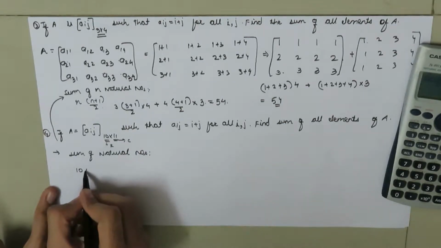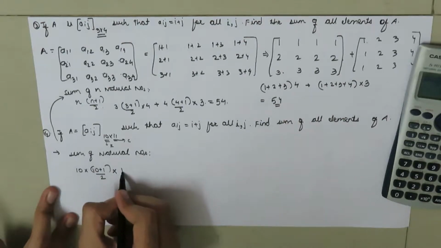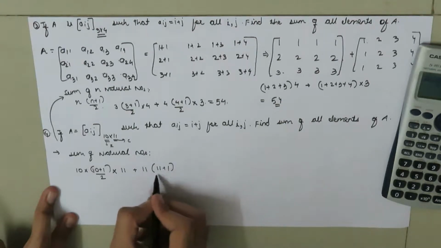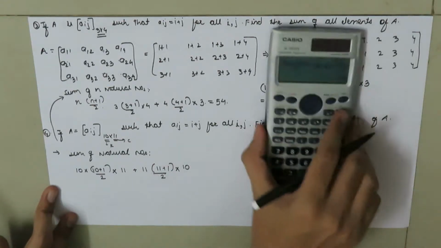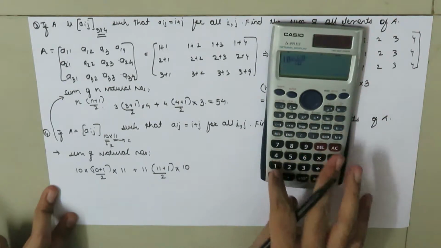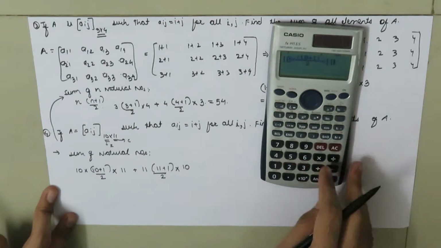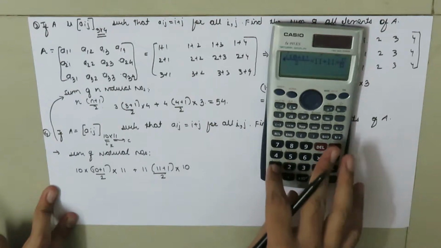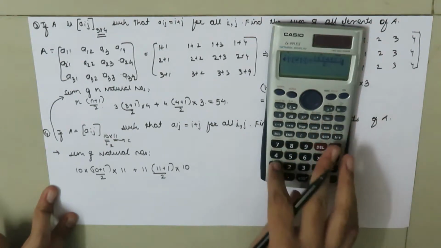So 10 into 10 plus 1 by 2 multiplied by the columns, plus 11 multiplied by 11 plus 1 by 2 multiplied by the rows. So this should be equal to 10 multiplied by 10 plus 1 by 2 multiplied by 11, plus 11 multiplied by 11 plus 1 by 2 multiplied by 10.